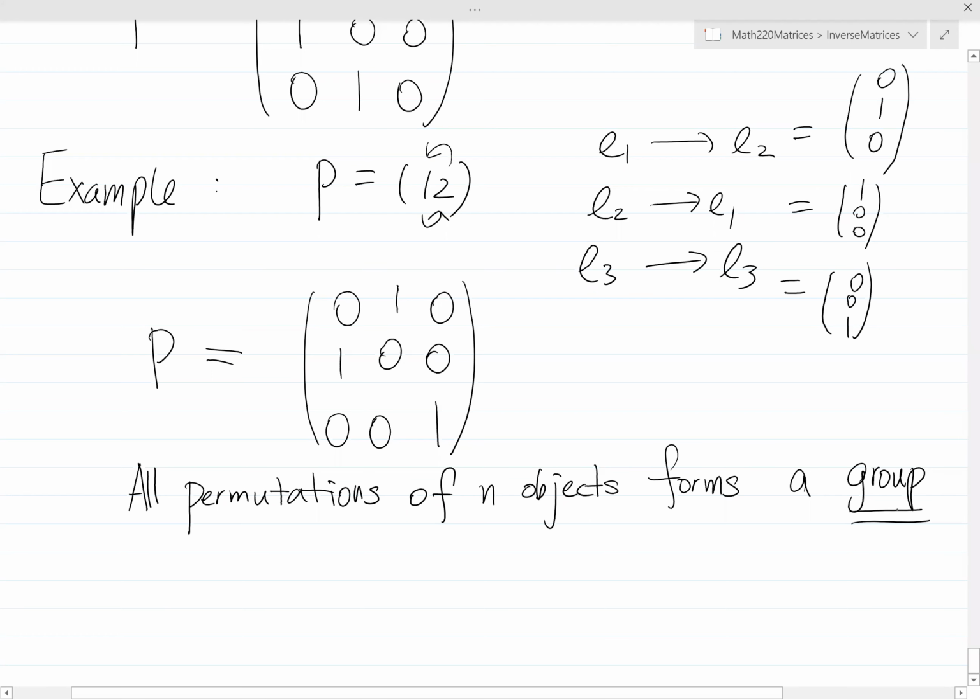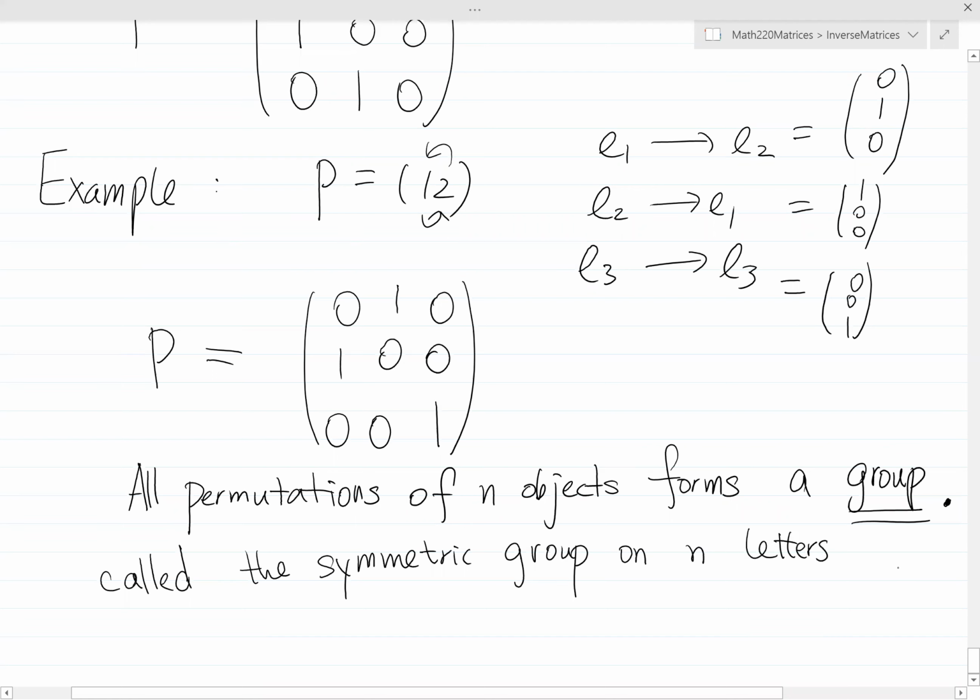So this object, the collection of all permutations on n objects, is called the symmetric group on n letters, with notation Sn.